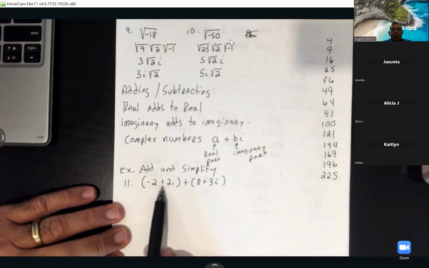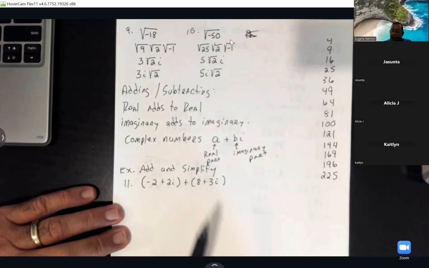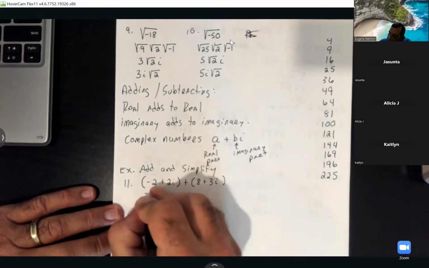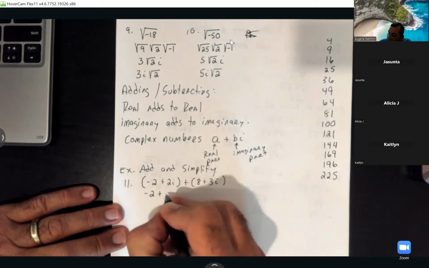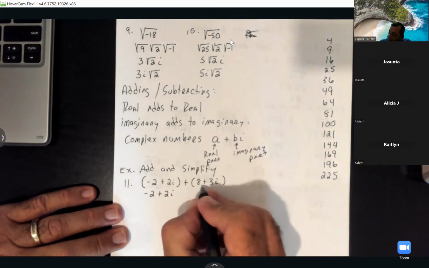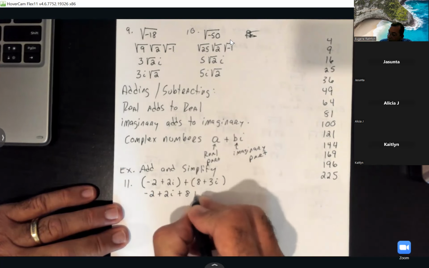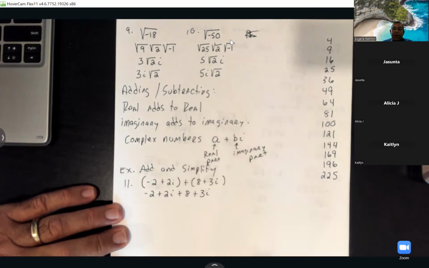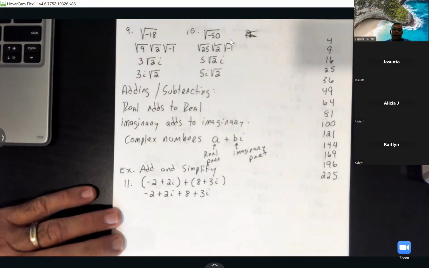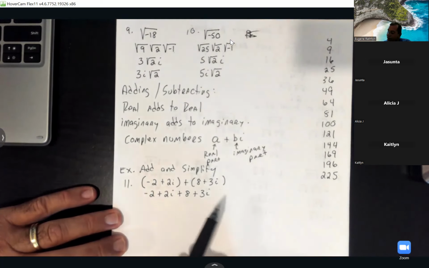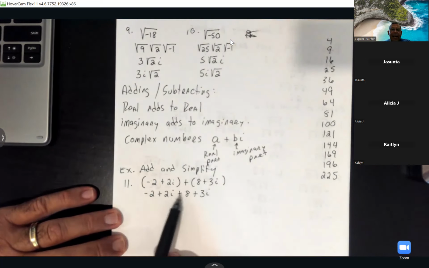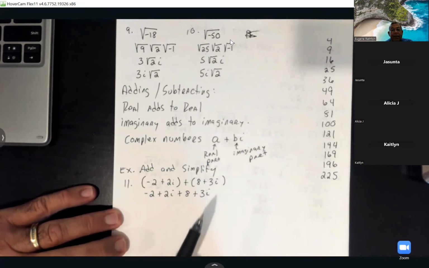So now I'm going to drop parentheses. Now remember, when you're adding with parentheses, you can drop the parentheses and every sign will stay the same. So this becomes a -2 plus 2i. The 8 is positive, so that becomes a positive 8 plus 3i. So remember, adding, we drop the parentheses. Everybody keeps the sign they had inside the parentheses.